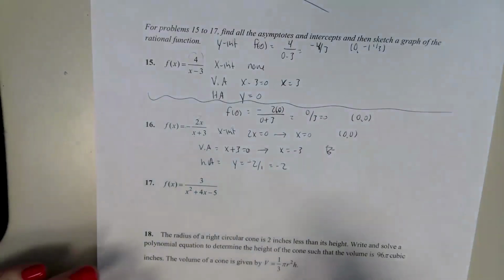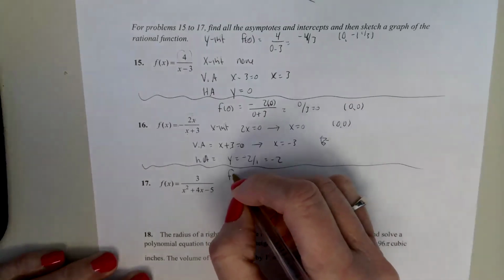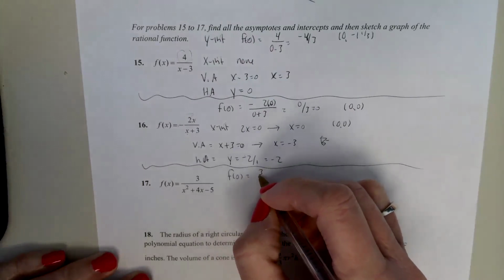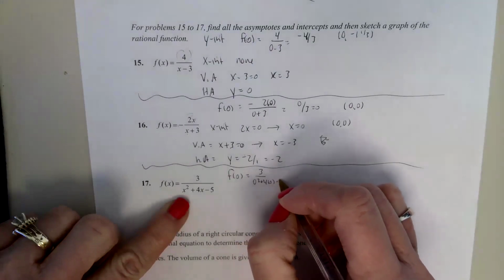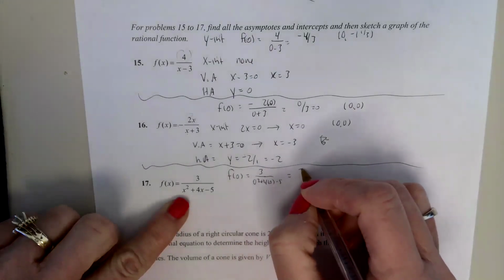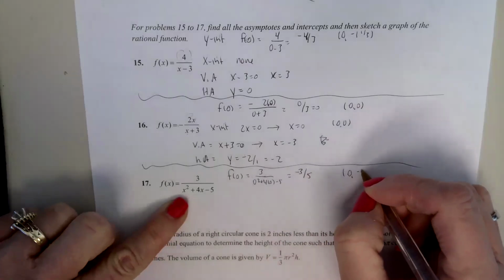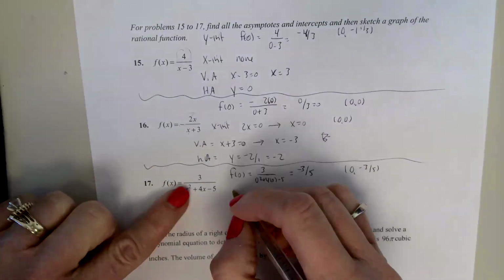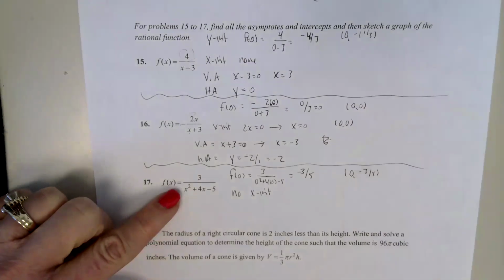Okay, then number 17, we're going to look at the y-intercept first, which is going to be 3 over 0 squared plus 4 times 0 minus 5. So this is actually going to be at a negative 3/5. And there's no x-intercepts because the numerator can't equal 0.